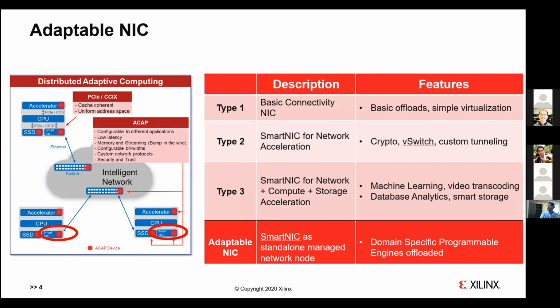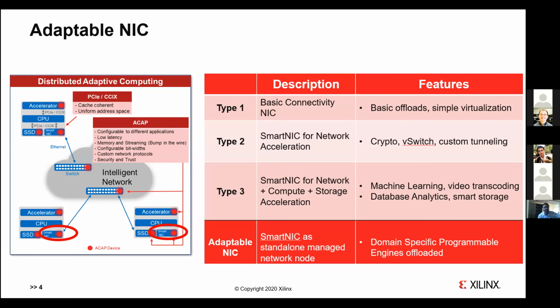The second one, usually we call it a smart NIC or network acceleration NIC. The traditional way is to move some functions like OVS, crypto and decrypto, or customer tunneling functions, which mainly handle layer 2 or below, into the NIC side from the CPU.